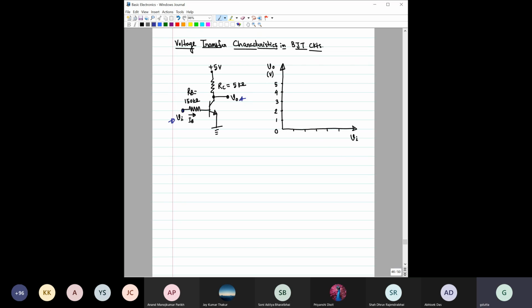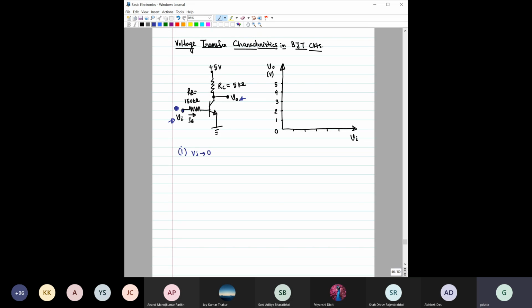We have to do this analysis step by step. Case one: first you start Vi from 0, and then slowly Vi will change, up to a maximum of the supply voltage VCC, that is 5 volt. So Vi starts from 0 volt and goes till 5 volt.